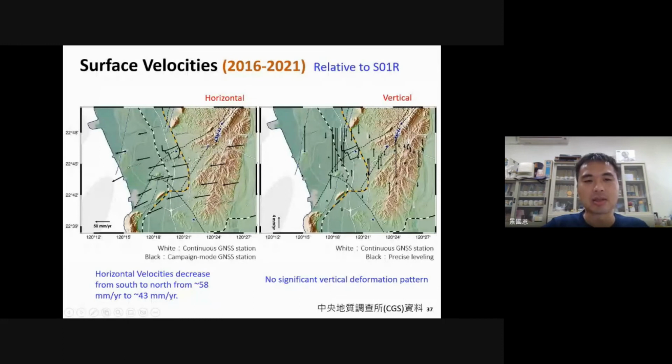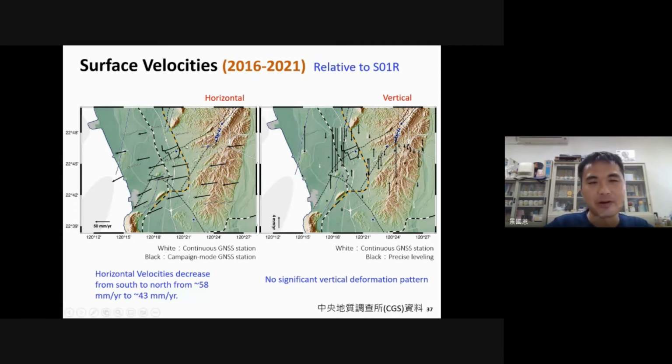So here shows the horizontal velocity and vertical velocity in this region. The horizontal velocity is derived from the GNSS data, and the vertical velocity is derived from the continuous GNSS data and the precise leveling data.